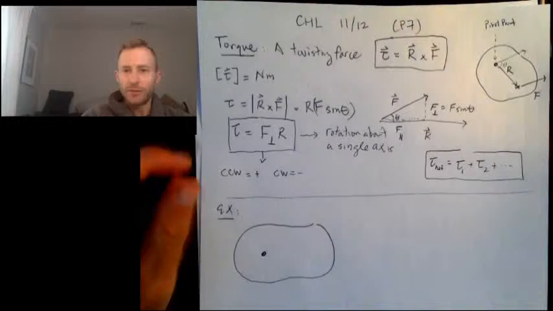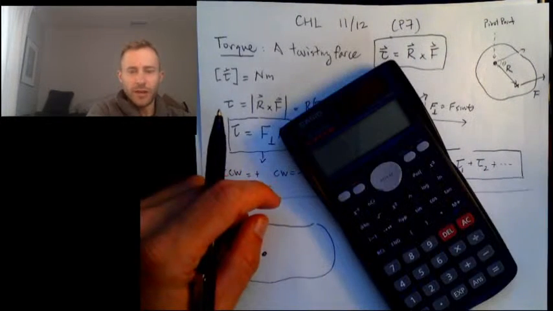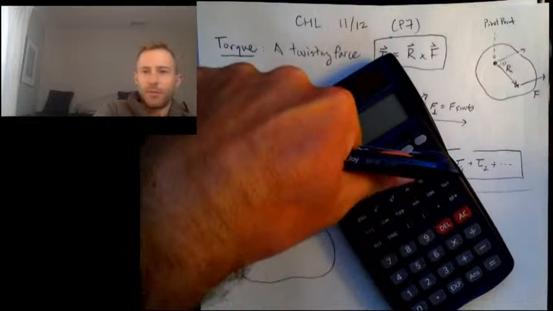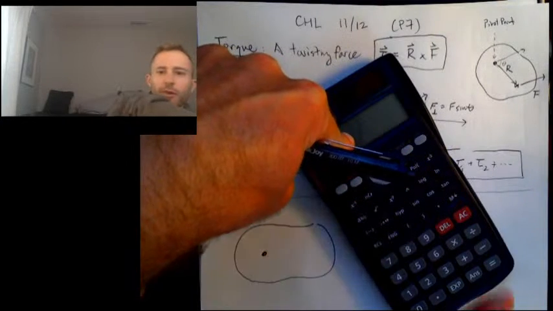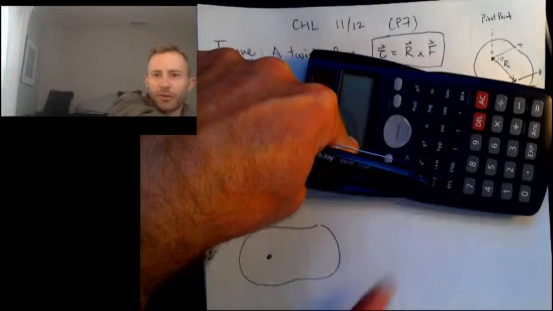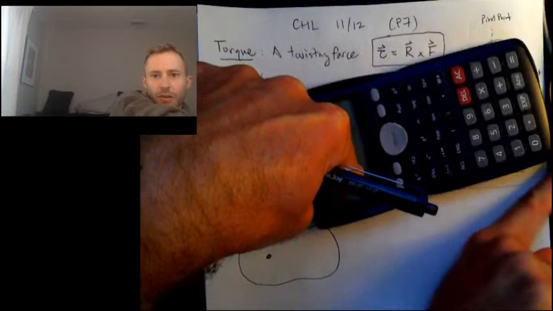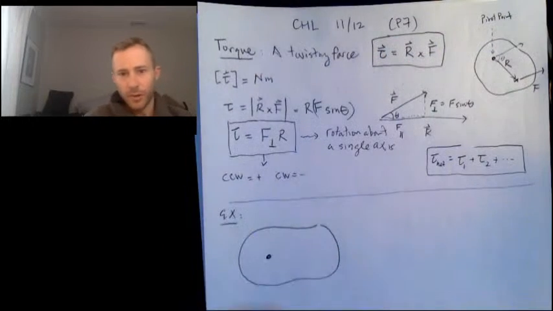Excellent. Yeah, it's a positive torque. Why? Because if this calculator is the blob, here's the pivot point right here, and I apply a force kind of in this direction, you can see applying that force made it rotate counterclockwise. So that's a positive torque.